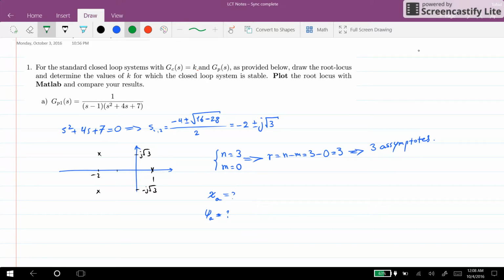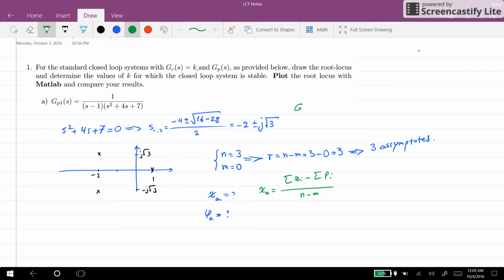So how can we do that? We know that xa is equal to the sum of zi's minus the sum of pi's over n minus m. So keep in mind that the zi's and pi's that we use here should be obtained from the system represented by the evans form.